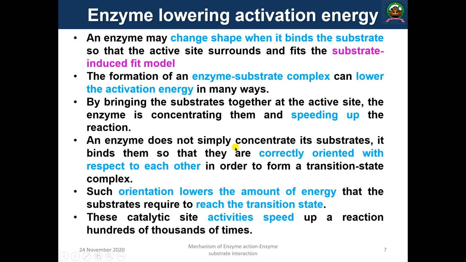An enzyme does not simply concentrate the substrate, it binds them so that they are correctly oriented with respect to each other, in order to form the transition complex. Such orientation lowers the amount of energy that the substrate requires to reach the transition state.